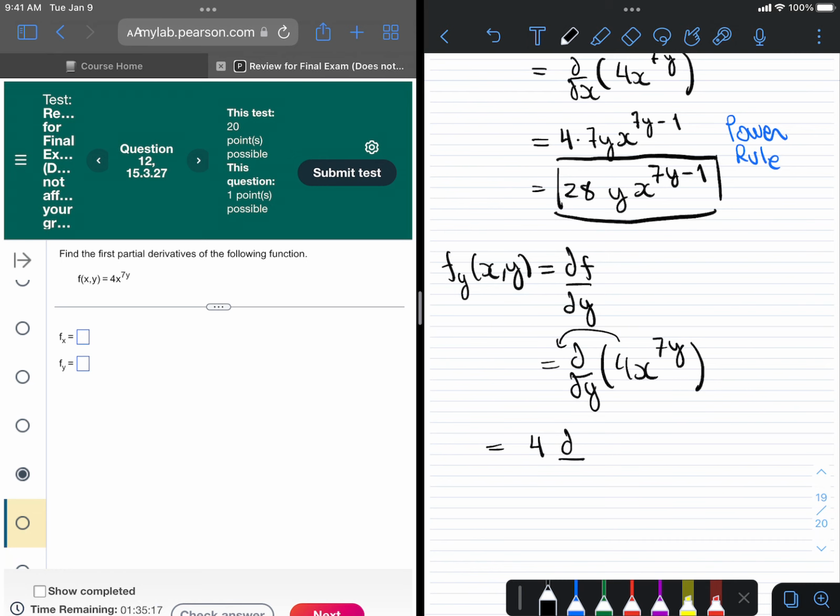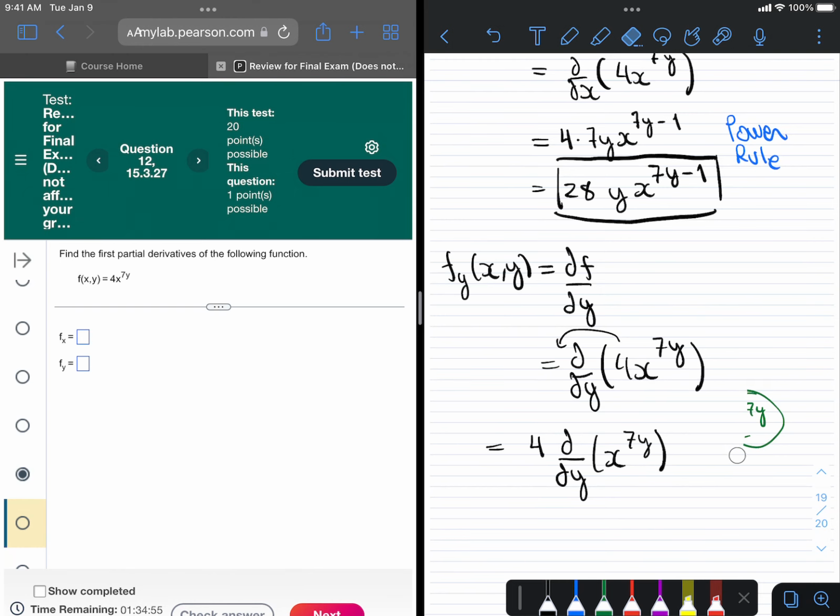So I'll first bring out the 4, since it is a constant. And now I'll derive this thing with respect to y. Now y is not a constant, x is. So it's as if I'm deriving something like 2 to the 7y. So something like that. I'm pretending that x is a constant during this derivative.